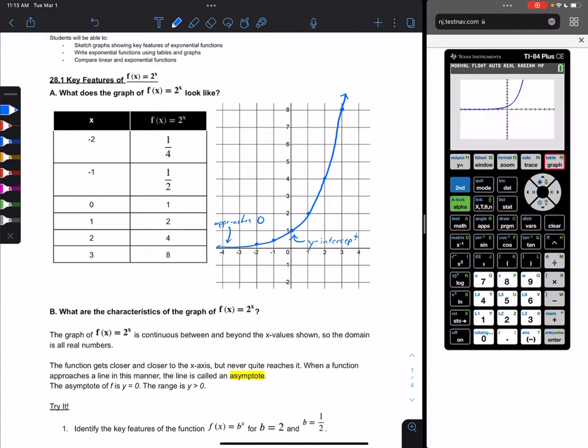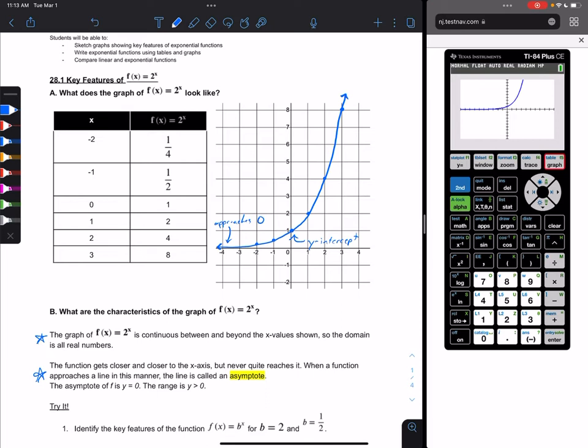So let's go back to the graph. All right, part B: what are the characteristics of the graph? I already have everything written out here, so I'm just going to go through the explanations, and then that'll be it for this video. The graph of f of x equals 2 raised to the x power is continuous between and beyond the x values shown. What that means is we have arrows going left and arrows going right.